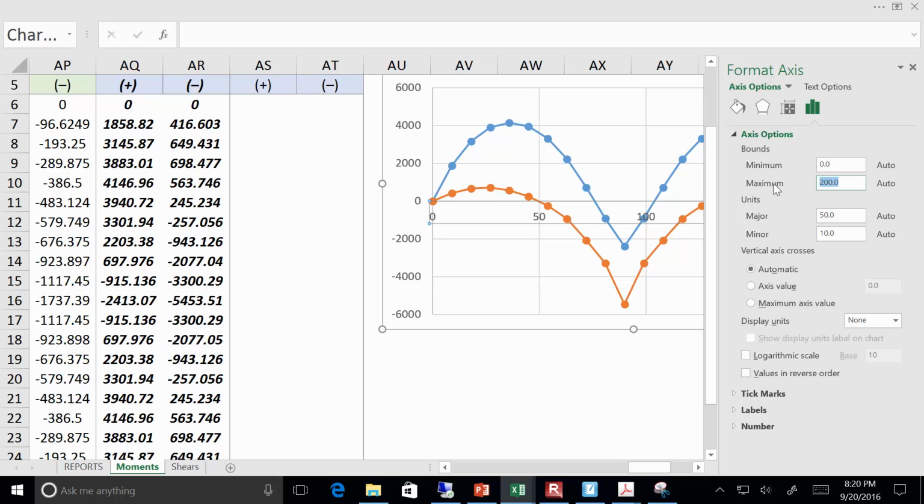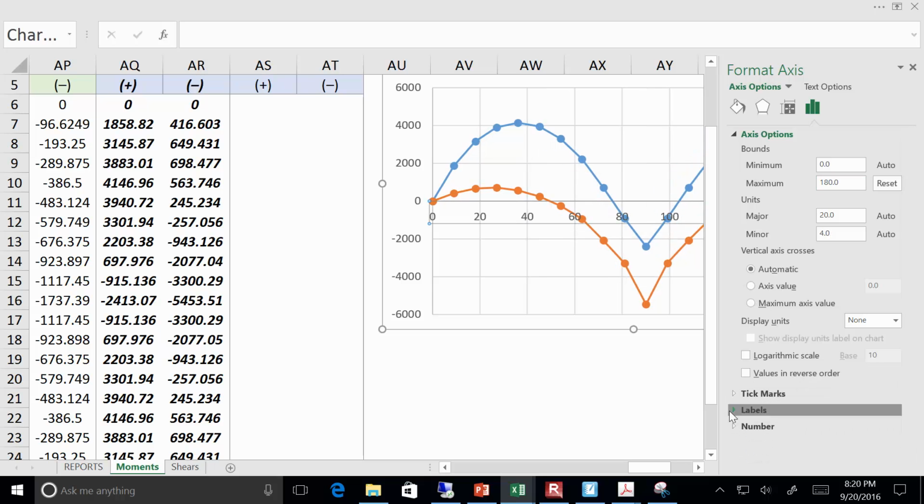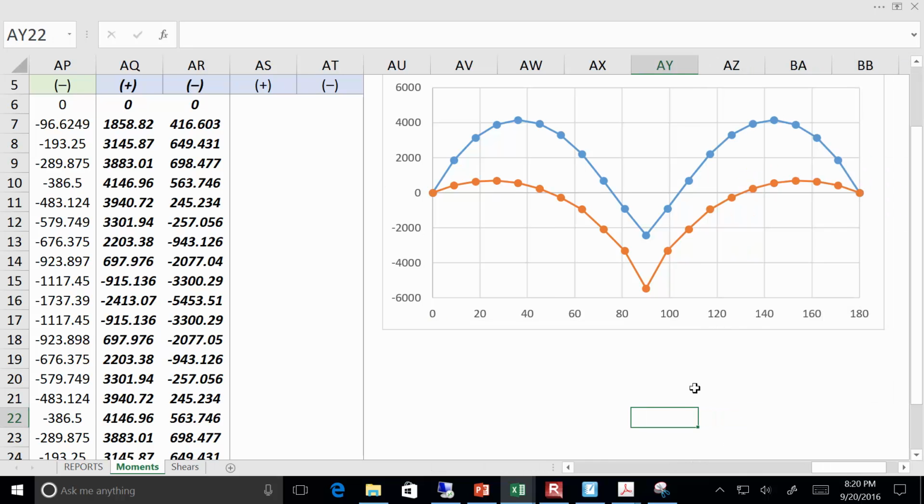Let's go from 0 to 180, and let's drop the labels down a little bit. Okay. So here's my plot, and now this looks a little bit more like what I'm after. On the x-axis, I'm going from 0 to 180 feet. In other words, the length of the beam.